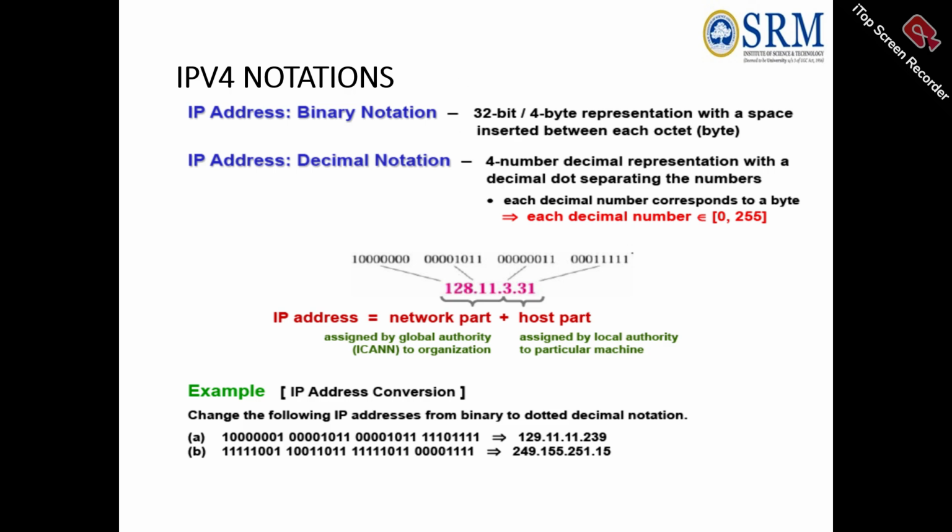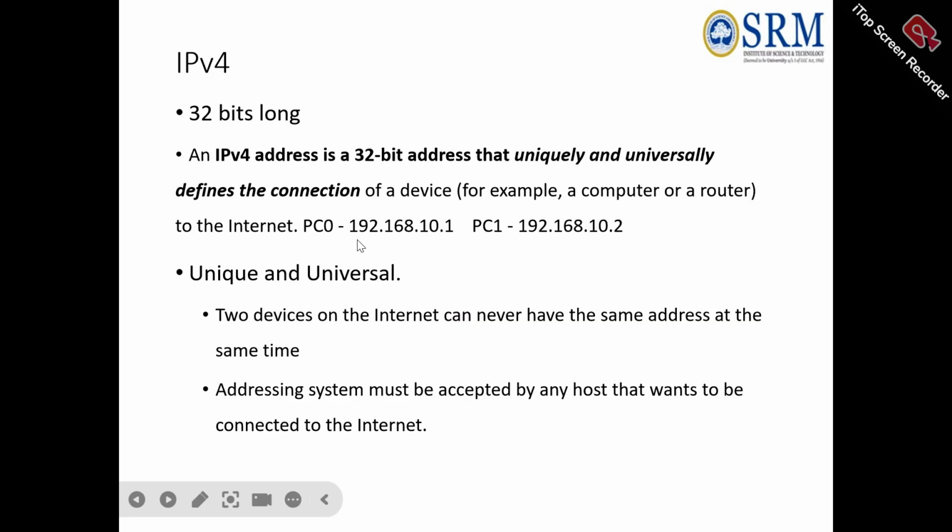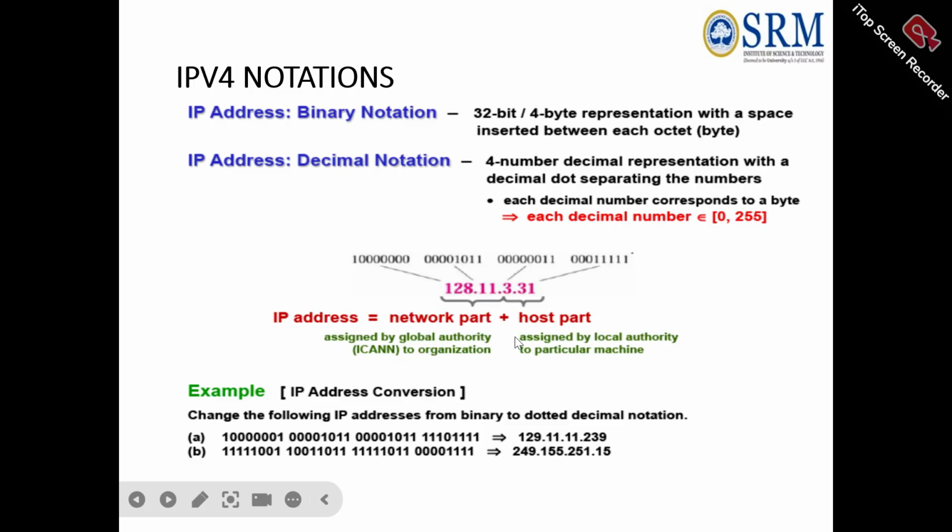One more point here: the IP address has two parts. One is the network part and the other is the host part. The network part identifies the network to which the device belongs. Suppose one device is 192.168.10.1; which network it belongs to, we can identify by the network part.